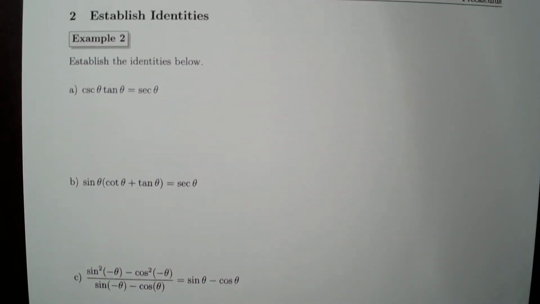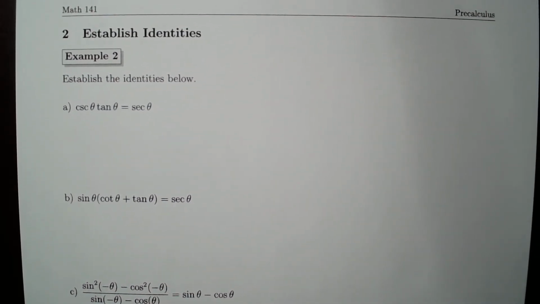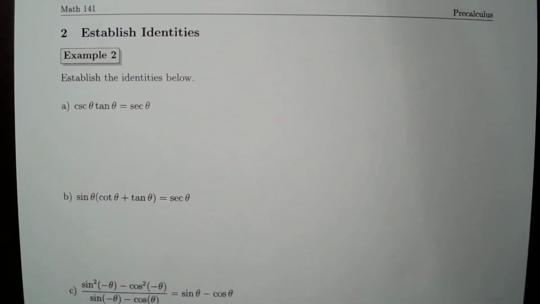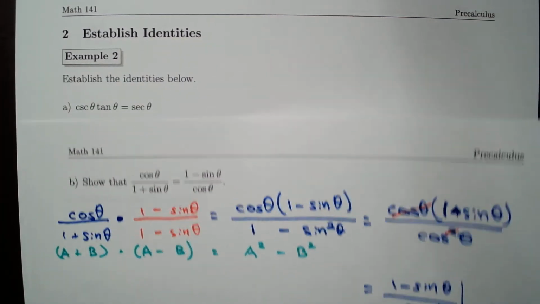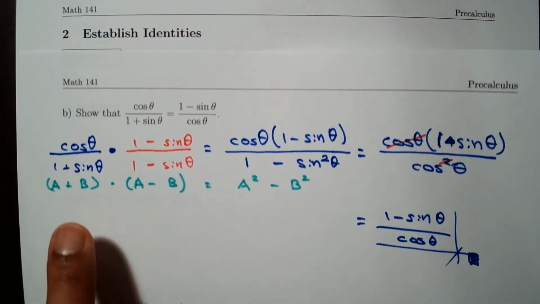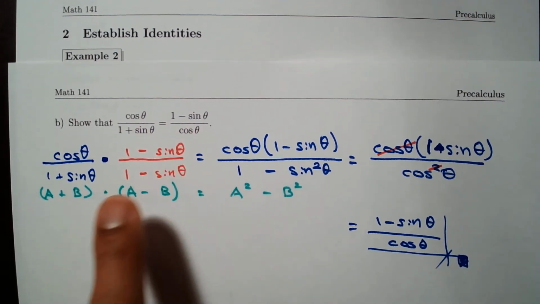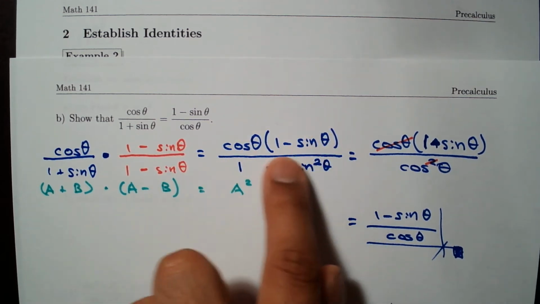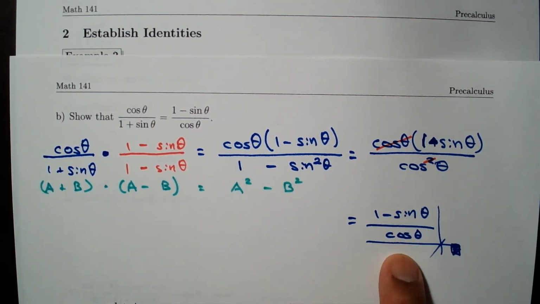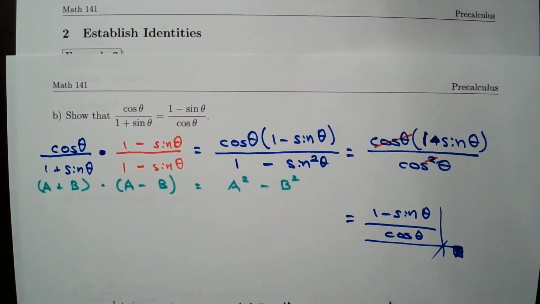Let's look at another example: establishing identities. We already kind of did that. On the example in which we were asked to show that this equals that, what we did is work on the left hand side, do manipulations, and turn it into whatever is on the right hand side.